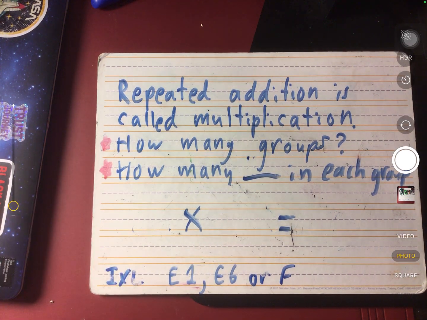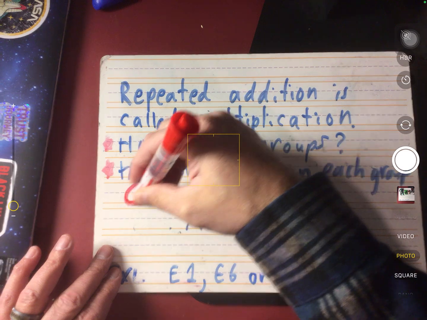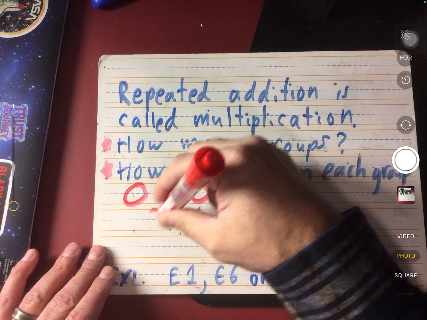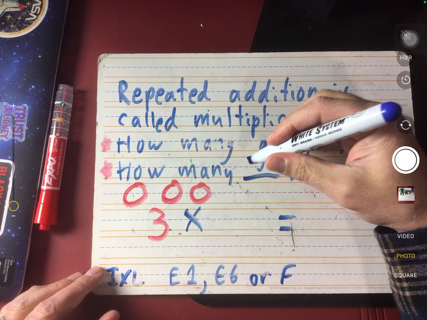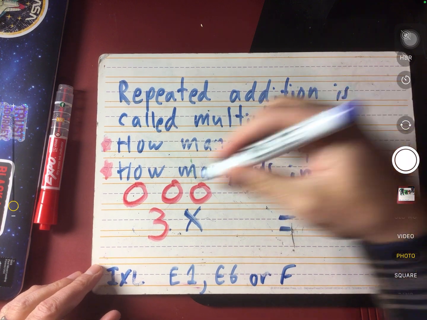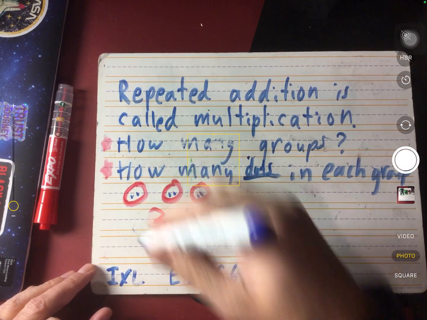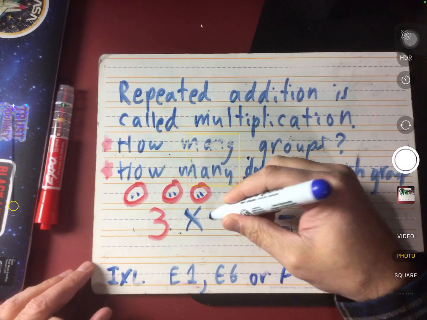So for example, I could draw you a picture like this, and I could do 1, 2, 3 groups. How many groups? Well, there are 3. How many dots are in each group? Well, I've got 1, 2, 3, 4, 5, 6. There are 2 in each group.